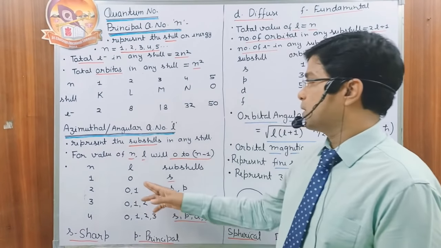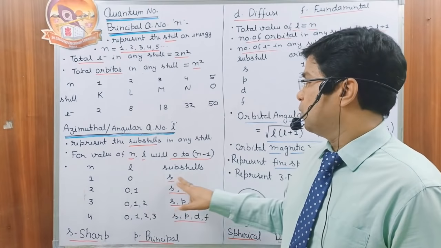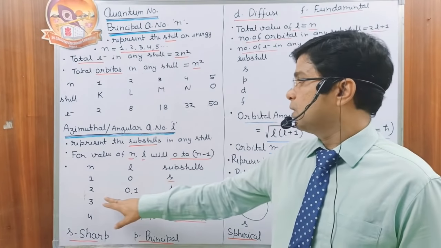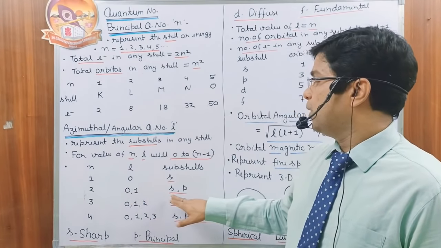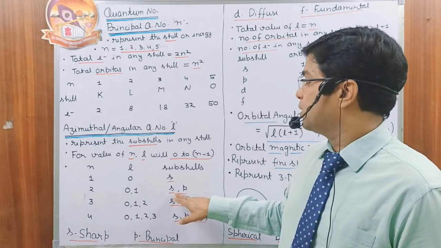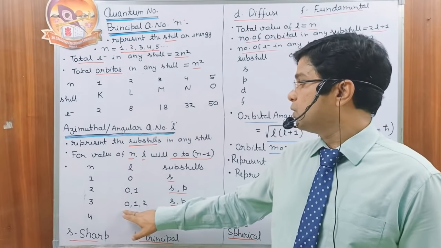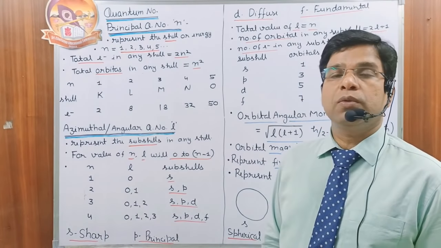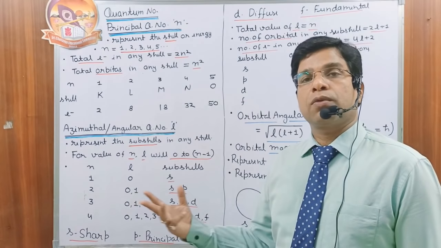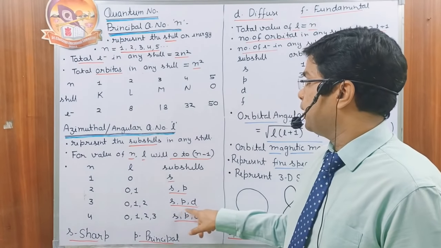In the first shell only the s subshell is present. In the second shell, l is 0 and 1, meaning two subshells are present, s and p. In the third shell, l is 0, 1, 2, so three subshells are present, s, p, d.